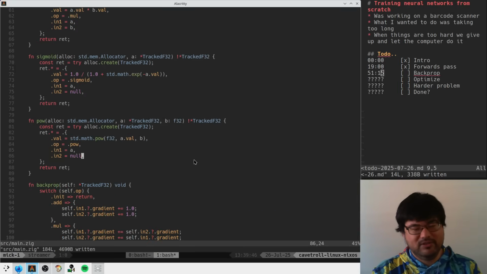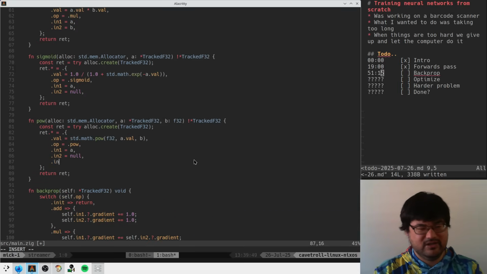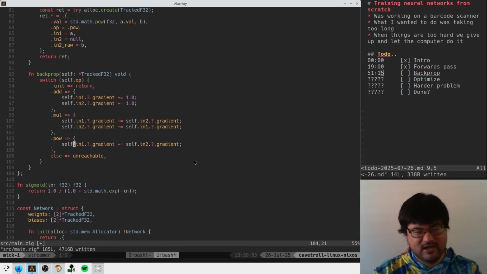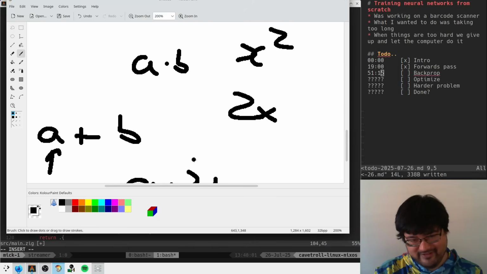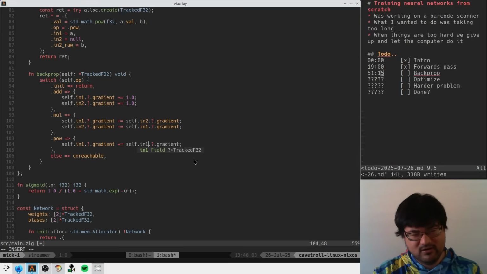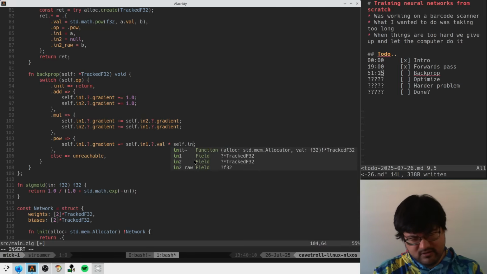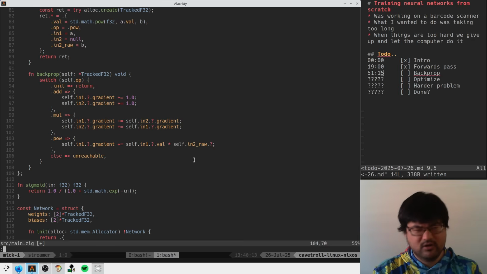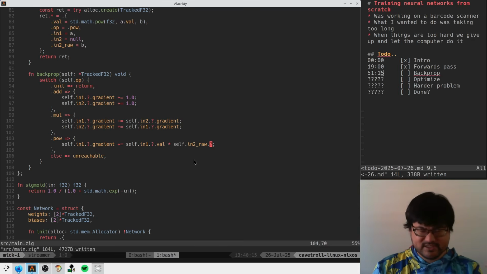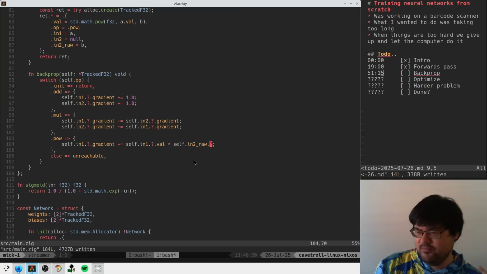We need to write down what the power was. So can we just do into raw is equal to b for now, and then we can say the gradient here is our value that came in times into raw, right? So we add 2x to the gradient, I think. Maybe?